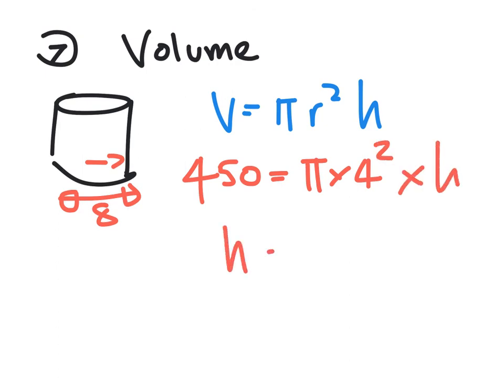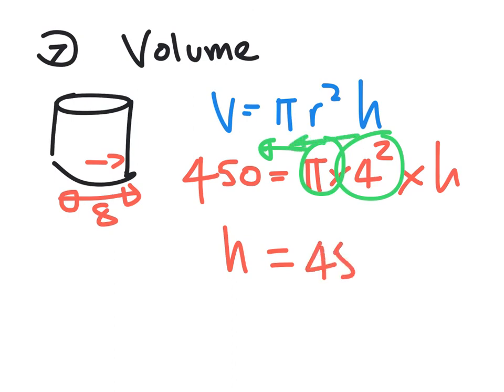Now if I want the height on its own, then that means the pi has got to go over and the 4 squared has got to go over. So I end up with 450, the pi goes over, becomes divide, the 4 squared goes over, becomes divide, and I can just use my calculator to finish it off.